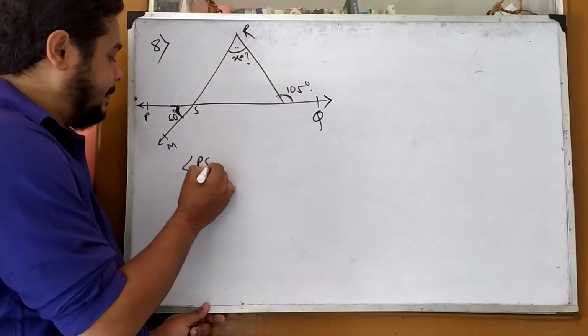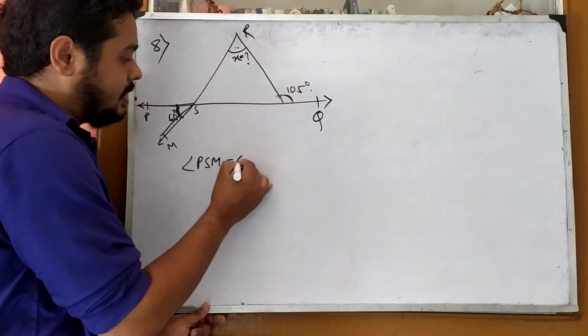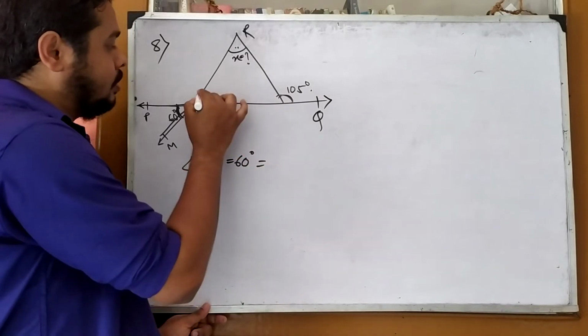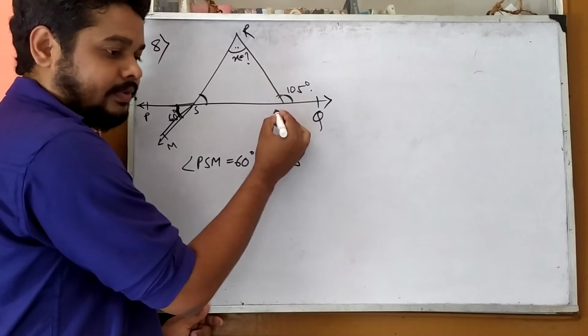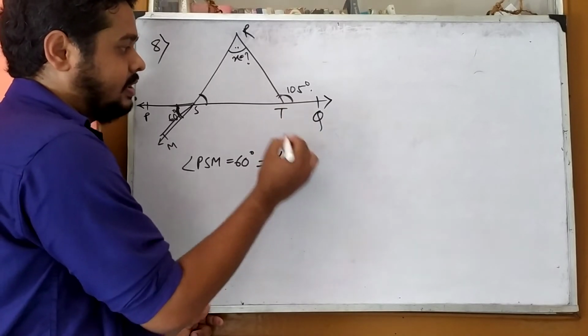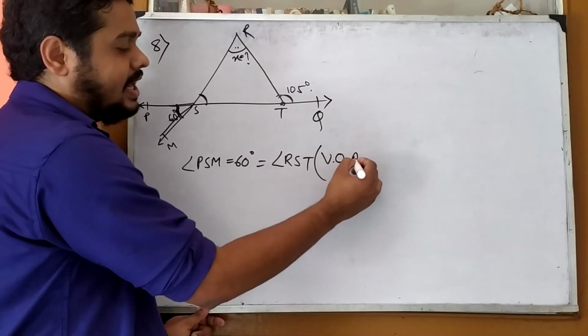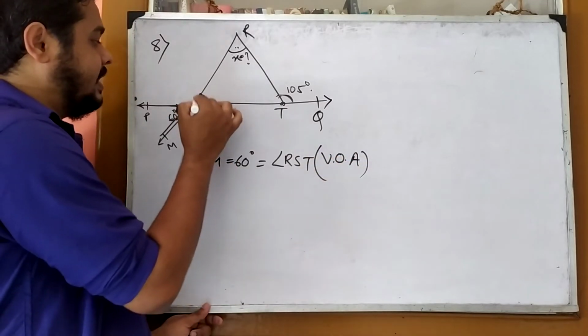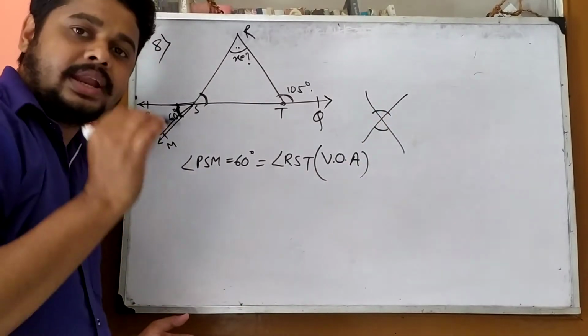Angle PSM equals 60 degrees, equal to this angle RST. This point is T. Why? Because they are vertically opposite angles, so the values of these two angles are equal.